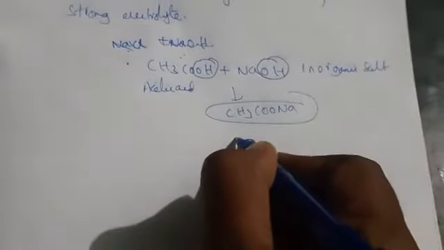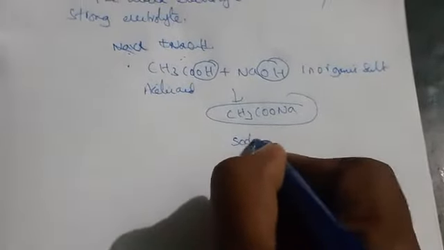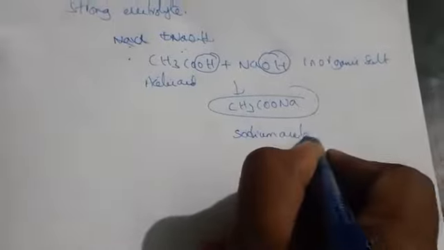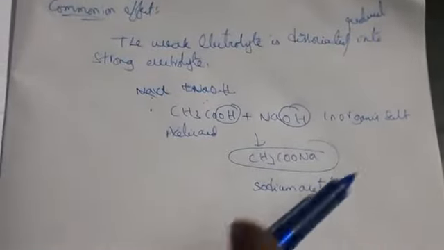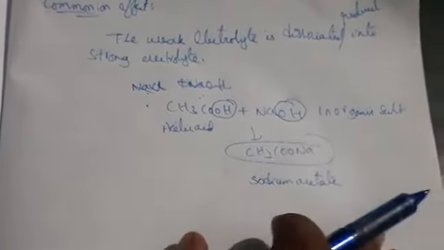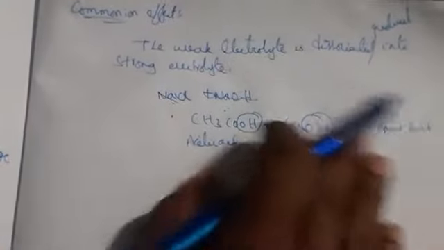When you are adding this one, what happens here? It is forming sodium acetate, right? It is salting out. So finally the product whatever we are getting is a salting out product. So by this we can say that we can also use the common ion.